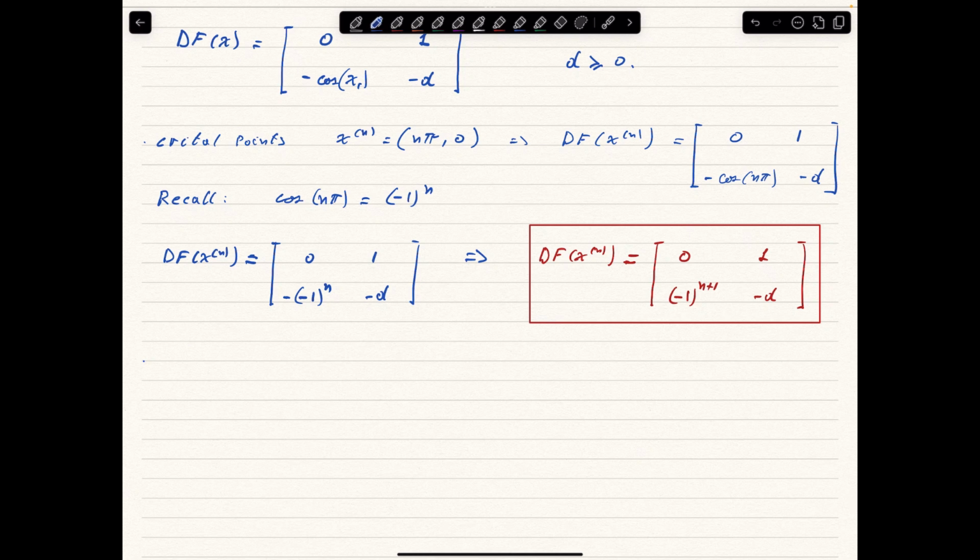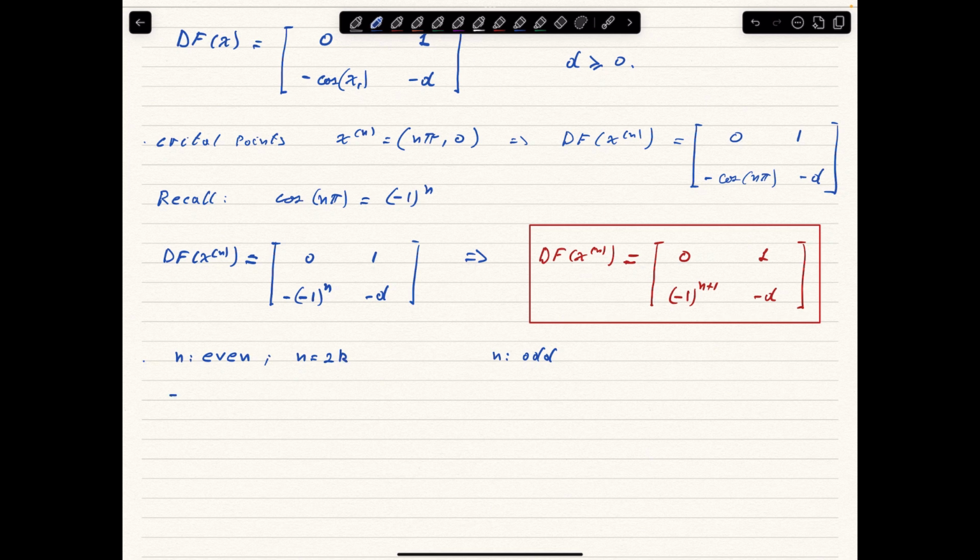We have only 2 cases: the case n even and the case n odd. That's all. Because in the case n even, so let's say n equal 2k for any k, what happens?